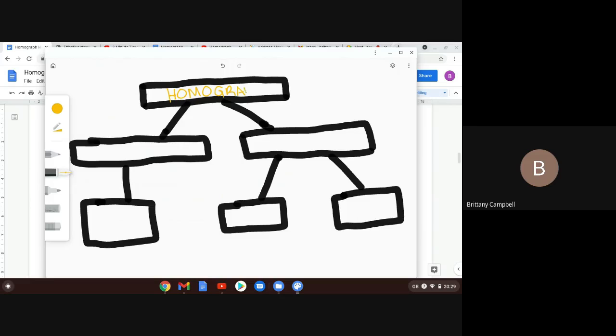So indeed, we are looking at homograph. Great job. And when we talk about an homograph, can you remind me what we're talking about?